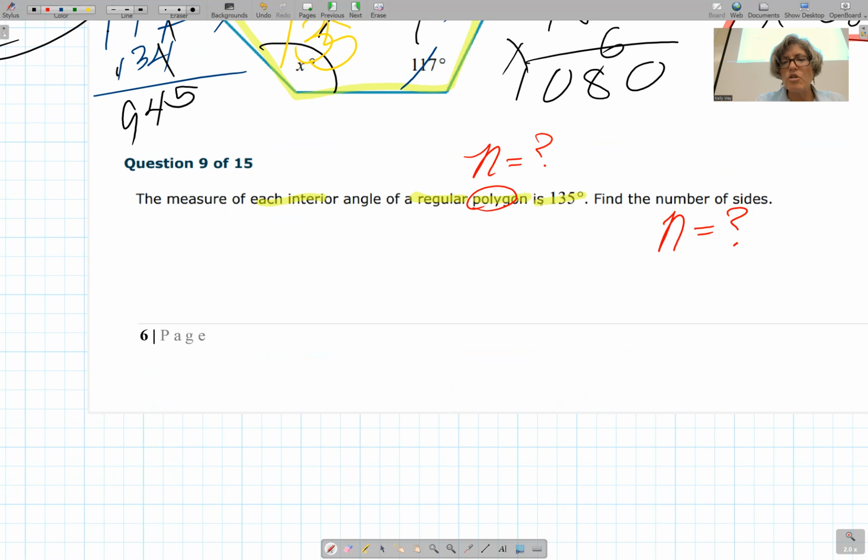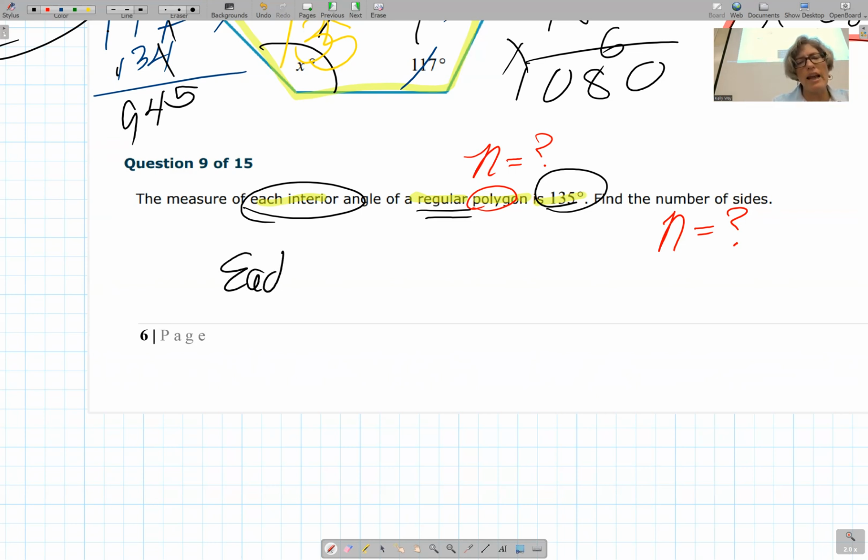So ask yourself, what is 135? It's a single interior angle, and very important, it's regular. So the song goes, each angle of a regular polygon, sum over sides, ain't this fun?